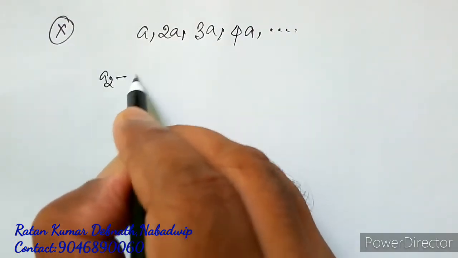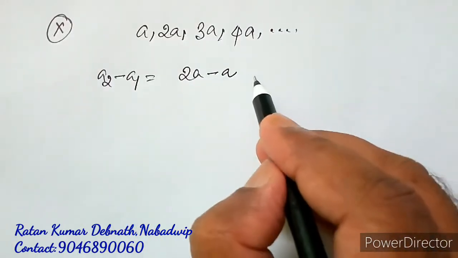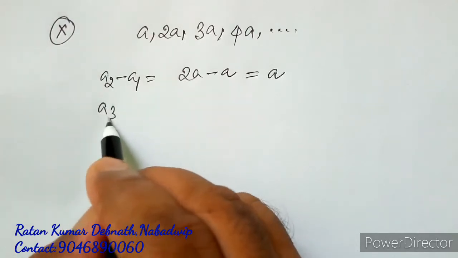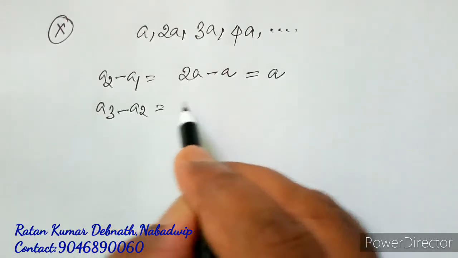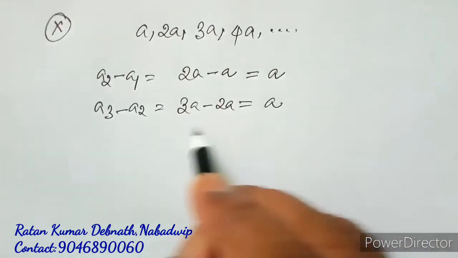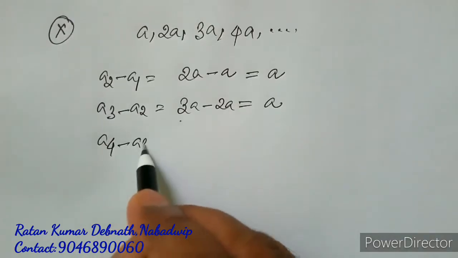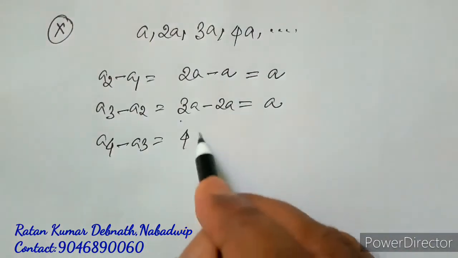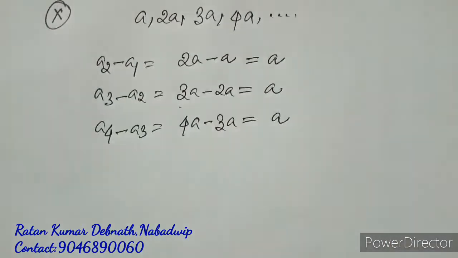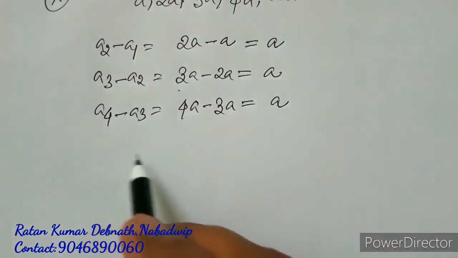Now a2 minus a1 equal to 2a minus a, which results in a. a3 minus a2 equal to 3a minus 2a equal to a. a4 minus a3 means fourth term 4a minus third term 3a equal to a. So in all the cases we got the difference is a.